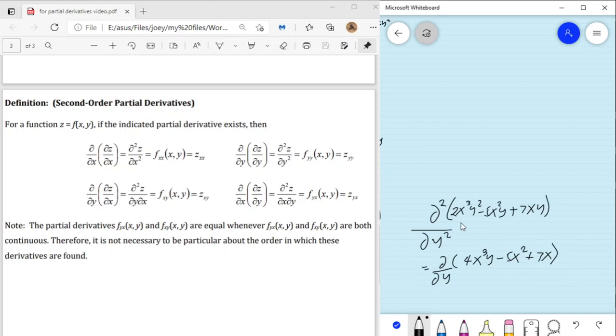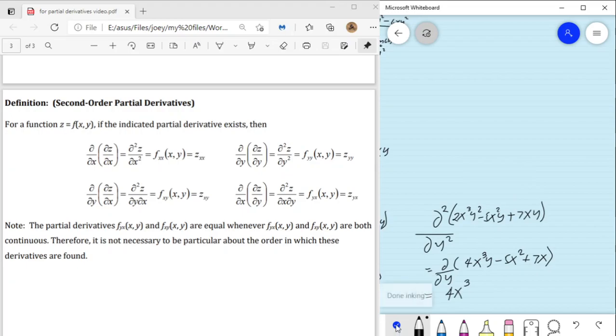So this is the first partial derivative of this expression with respect to y. Then derive that again with respect to y. Again, x cubed will still be held constant, so we'll just have 4x cubed. Then there are no y here, so all of these are constants, meaning the derivative will all be 0.